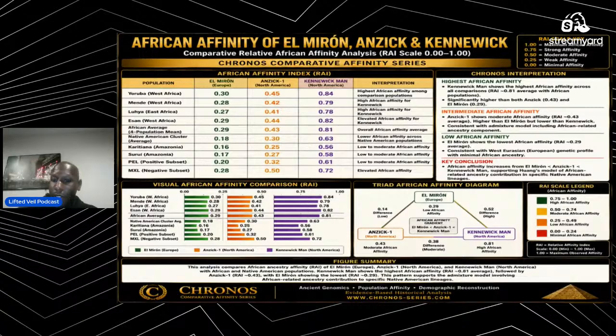This pattern was shown in modern day populations, which prompted the two geneticists to answer the question as to why the African affinity goes up in the descendant versus the ancestor or the intermediate ancestor in Elmoran, right? If y'all following.